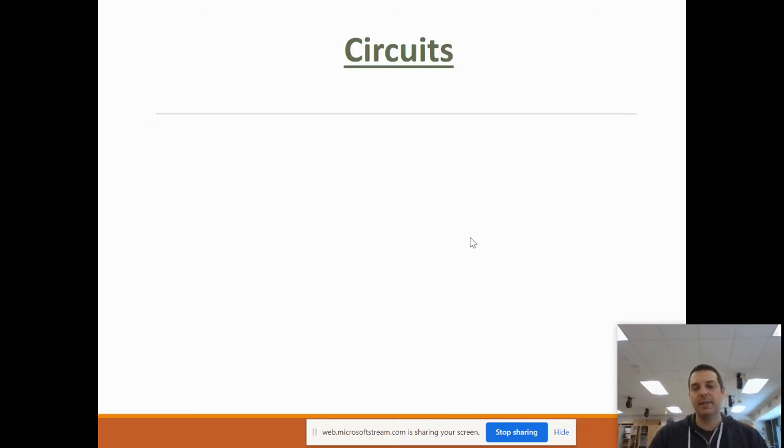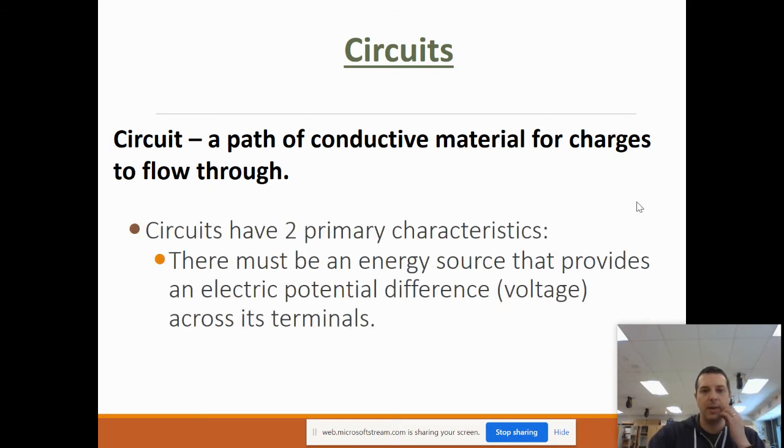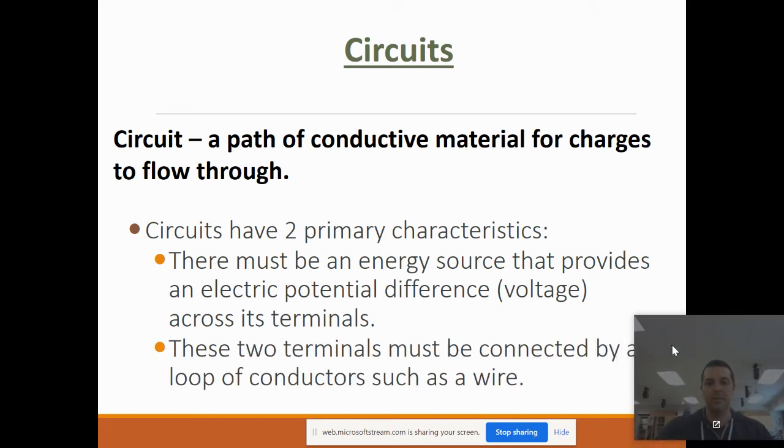If we look at circuits themselves, we've talked about them in the general sense. I want to talk about what makes up a circuit very explicitly. Circuits are a path of conductive material for charges to flow through. In order for a circuit to be there, you need a voltage. There's got to be some energy source causing charge to flow through the conductive path, and then there needs to be the conductive path itself.